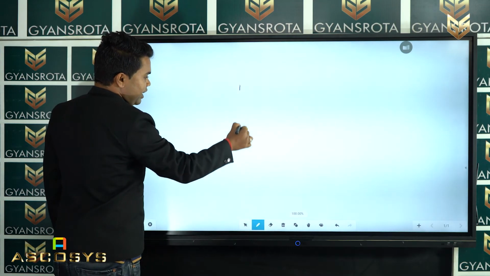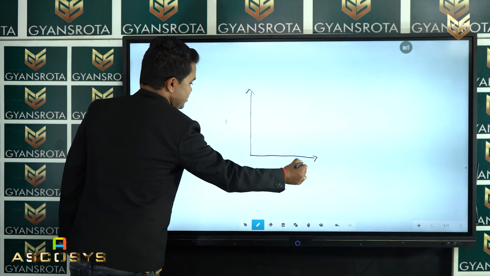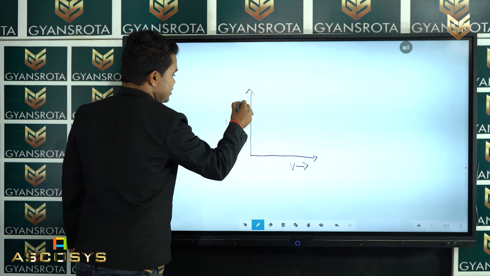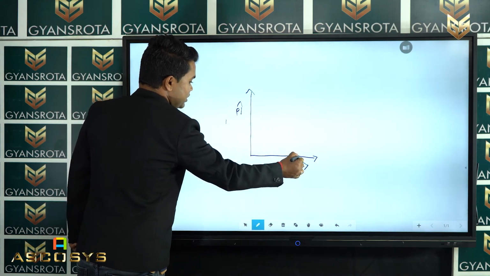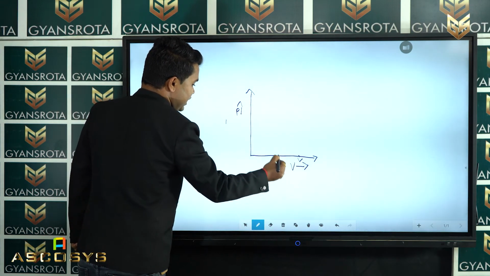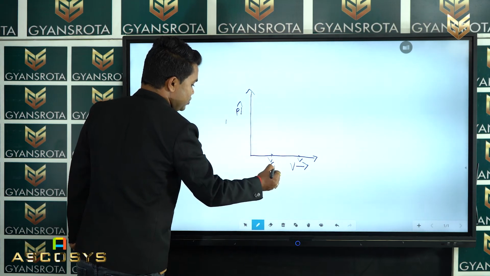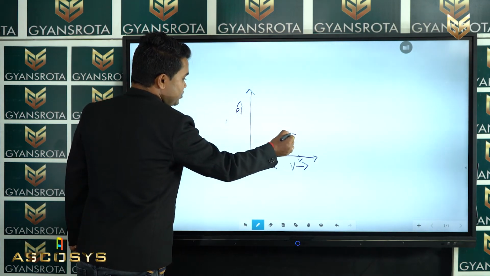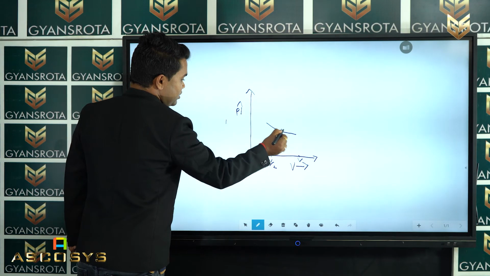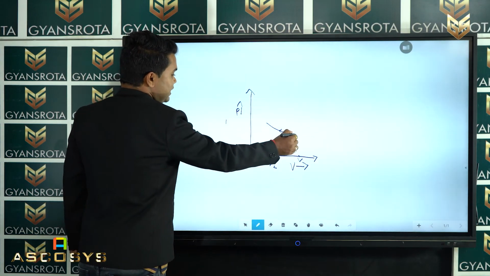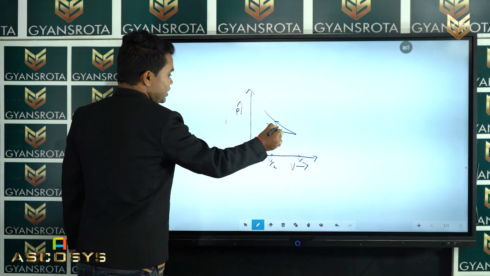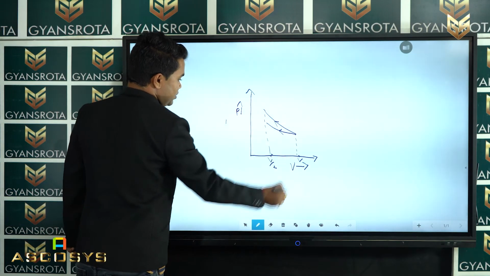So if I draw a graph, this side is volume, this side is pressure. Suppose initially the volume was V and it was reduced to V by 2, once isothermally and then adiabatically.